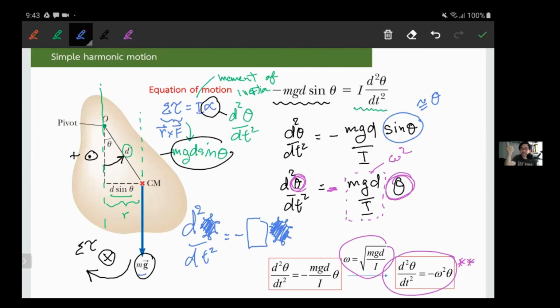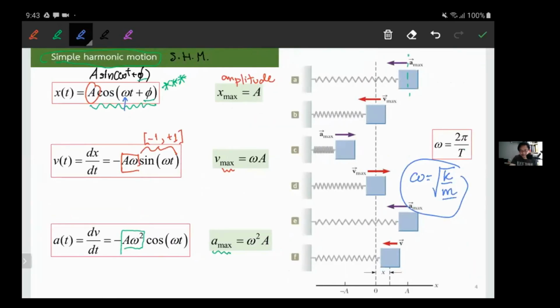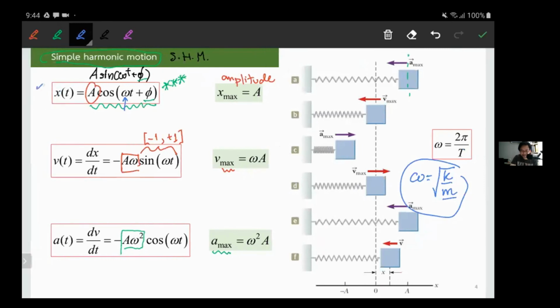You can just say it right away. The solution is waiting for you right here: A cosine omega t plus phi. Simple harmonic. Done. All the time, believe it or not.